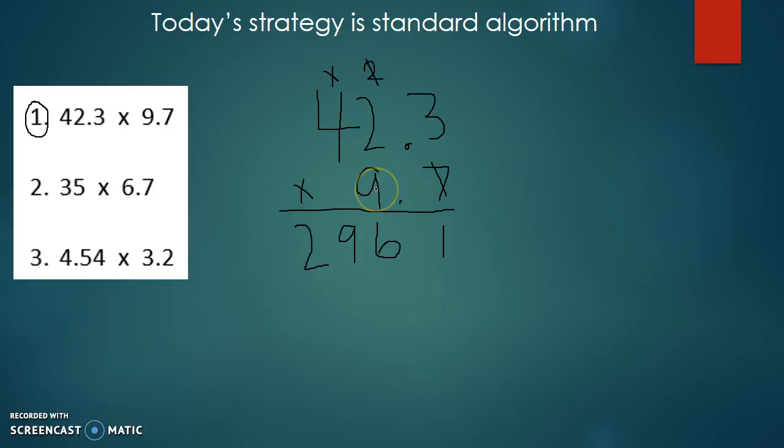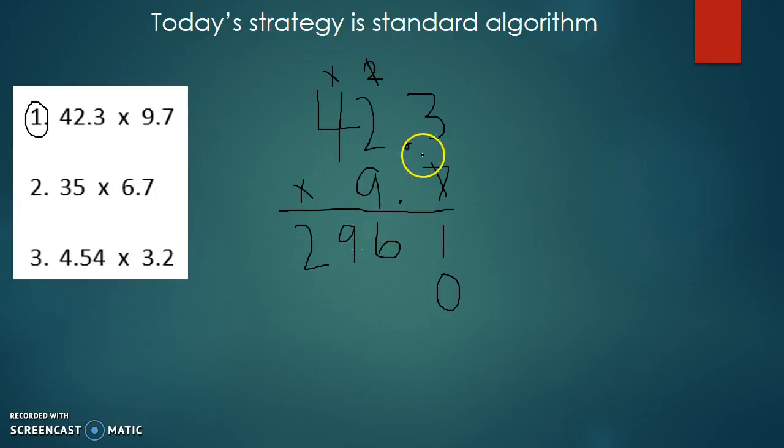Now I'm going to take my 9 and I'm going to multiply times everything at the top, starting with my digit all the way to the right, which is the 3 in the tenths place. I want to put my placeholder because my 9 is in the ones place, and that's 10 greater than the tenths place. So my answer is going to start in the ones place.